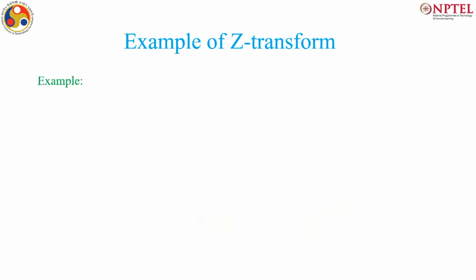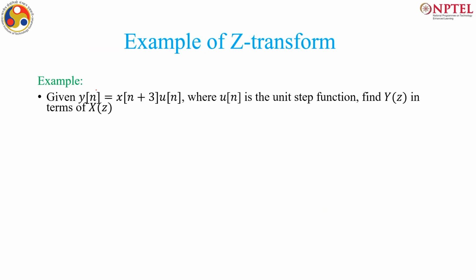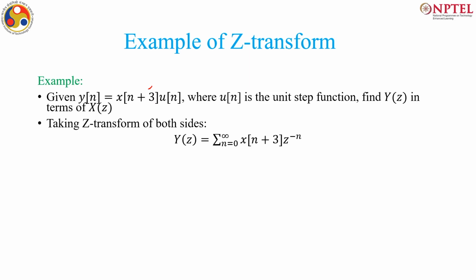Let us take another example where the output is an advanced version of my input, x of n plus 3. I have to find y of z in terms of x z. If I again take the z transform of both sides, I get y z, and here I will not use any property, but rather let us use the formula.